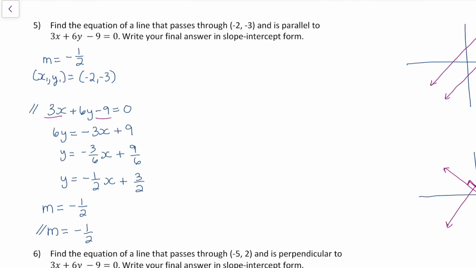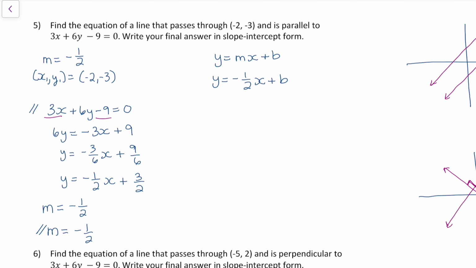And now that I have those two bits of information, the rest of the question is the same. So it wants it in slope-intercept form, so I'm going to use the slope-intercept formula. I know my equation is going to be -1/2x plus or minus something because it's parallel to that other line.